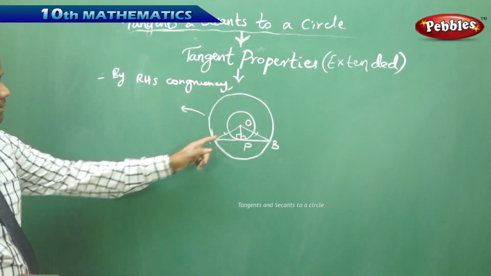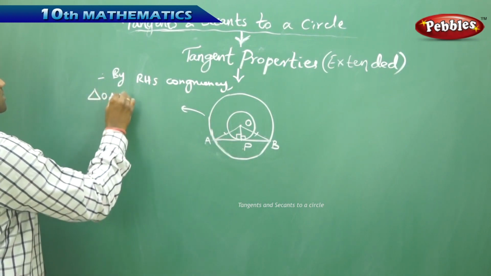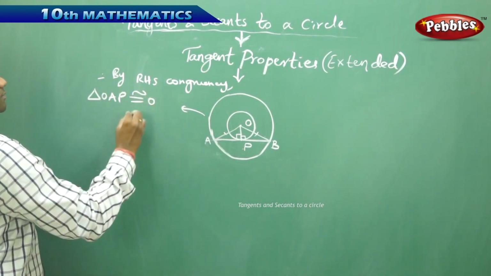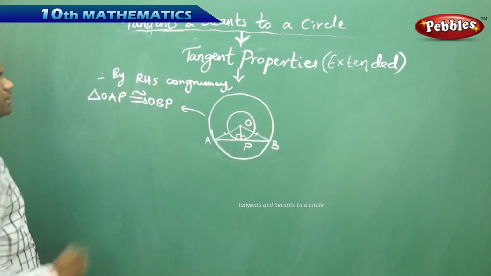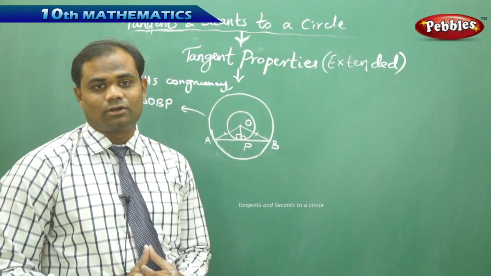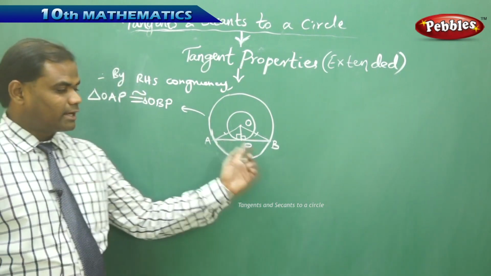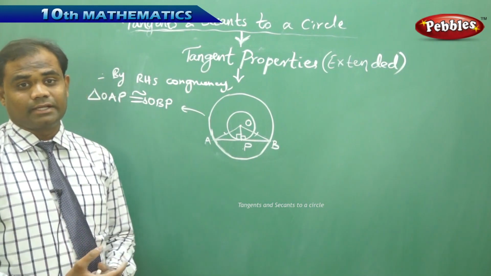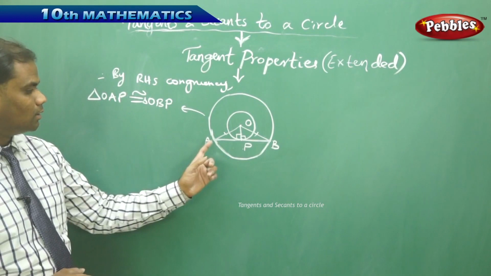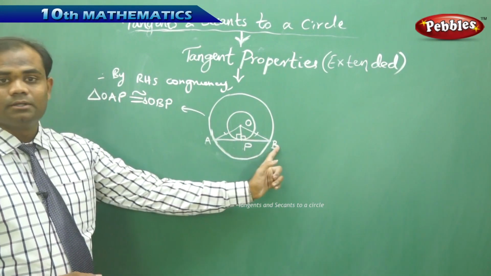Therefore, by RHS congruency, triangle OAP is congruent to triangle OBP. Now because the two triangles are congruent, they are equal in all respects, with angles and sides. Therefore the sides must be equal: the side AP must be equal to the side PB.